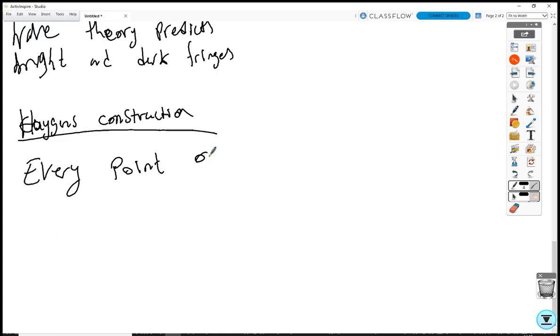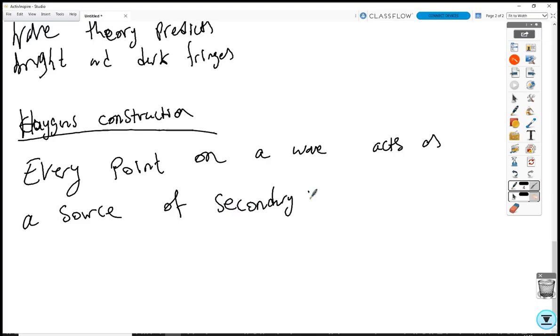So every point on a wave acts as a source of secondary waves. This predicts where the next wave should be.